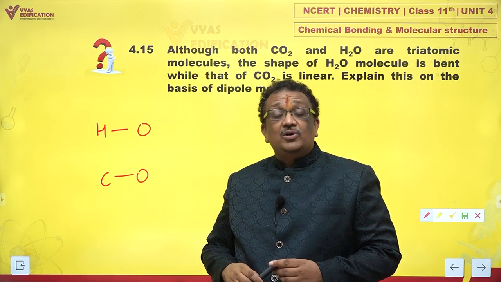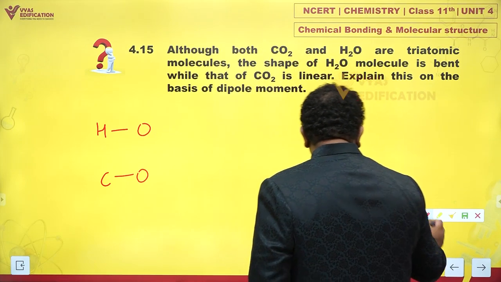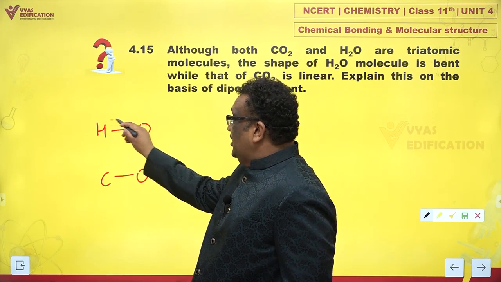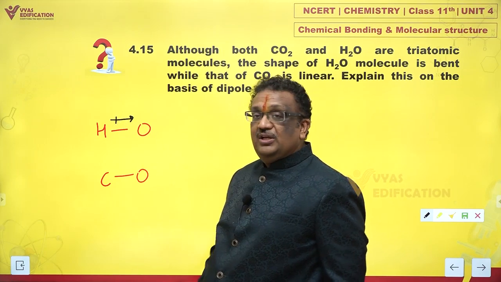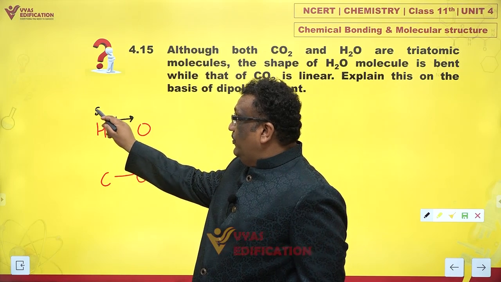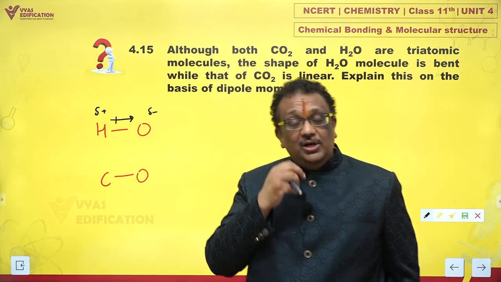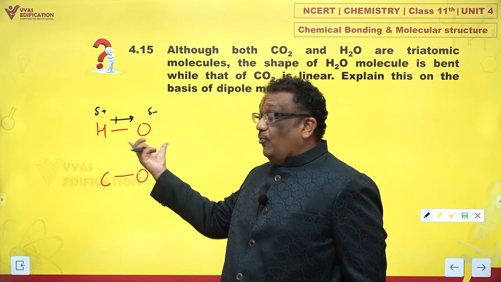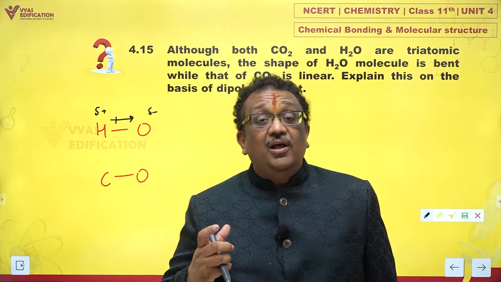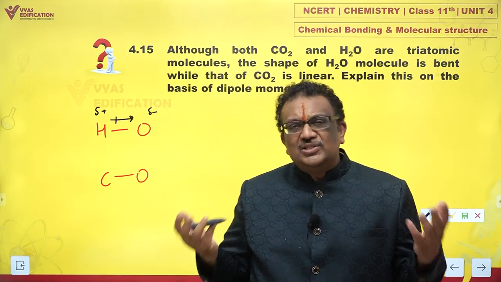For example, oxygen is more electronegative than hydrogen. That means oxygen tends to pull the shared electron cloud more towards itself. If that is the case, hydrogen will develop a slightly positive charge and oxygen a slightly negative charge. This is what we call an electrical dipole. Take it easy, it is just a name.